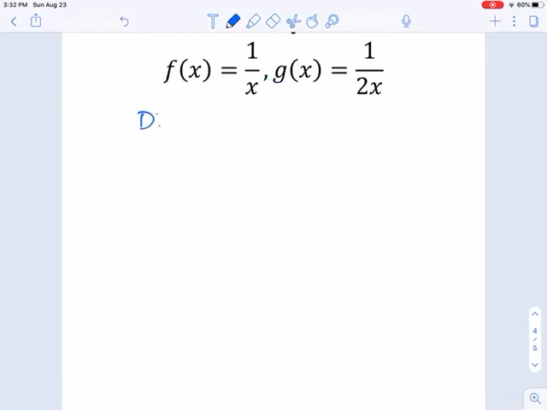Okay, so 1 over x, we cannot divide by 0, so this would have a domain of everything except 0. G of x, 1 over 2x. Once again, we cannot divide by 0, so this is going to have a domain of everything except 0.